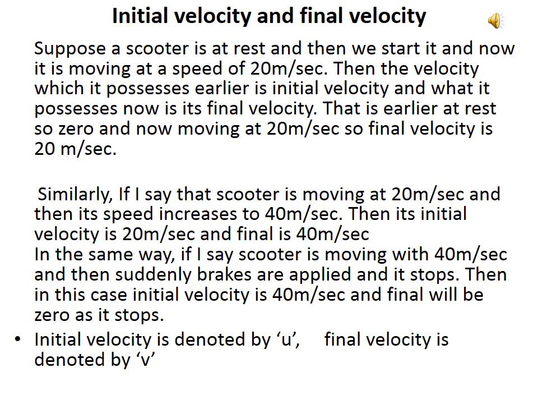In the same way, if the scooter is moving at 40 meters per second and then the brakes are applied and it stops, the initial velocity is 40 meters per second and the final velocity will be 0, because it stops. Initial velocity is denoted by U and final velocity is denoted by V.